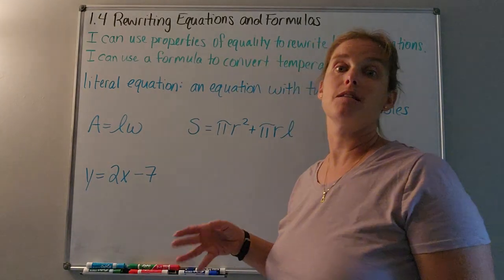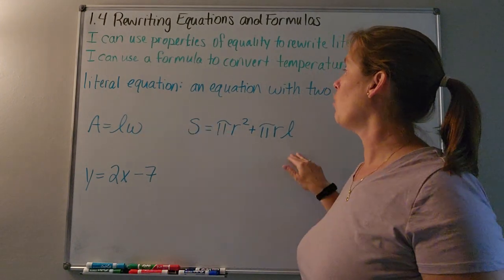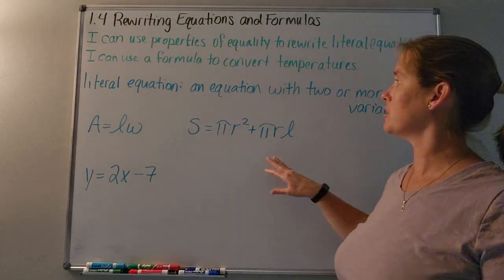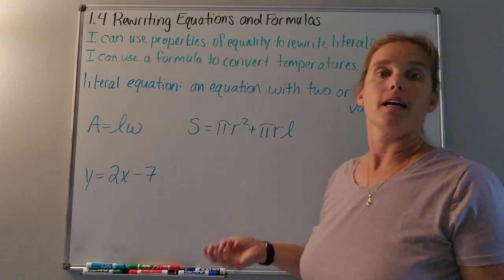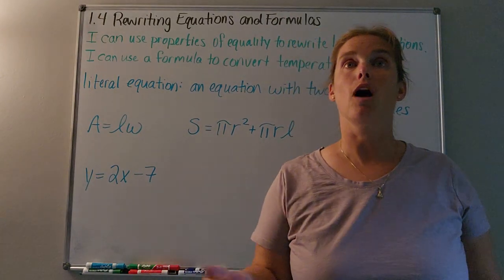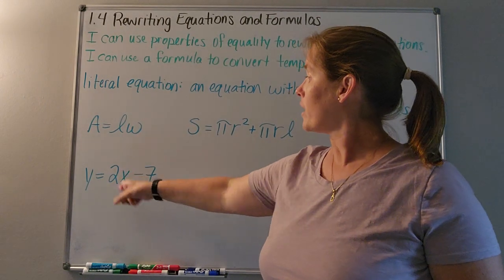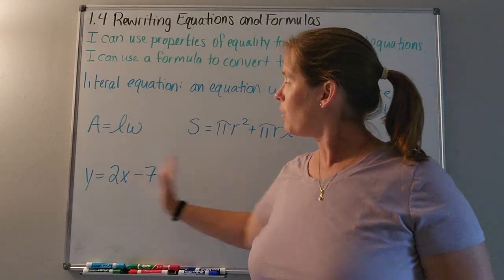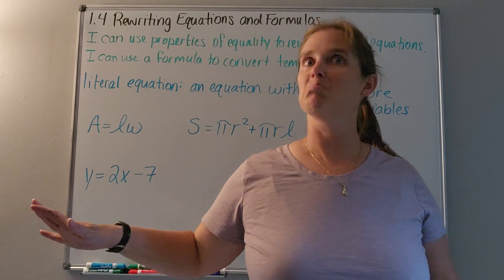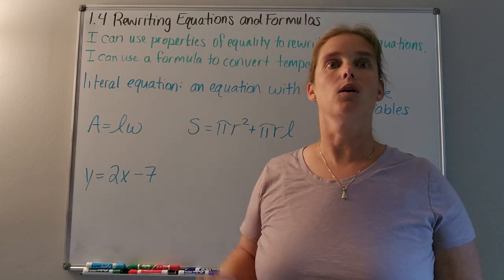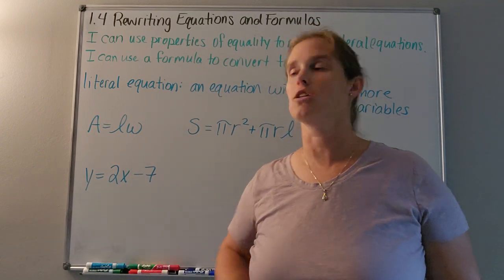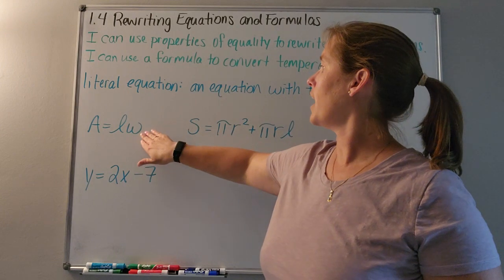And now sometimes it's helpful to isolate one of these other variables other than what's isolated. Like I said, especially if we have to do a lot of repetitive calculation. If I repeatedly need to know in this equation what's x, well then I may as well get x by itself and say, okay, each time I plug in y, what x does it generate? Or in length times width in the area.